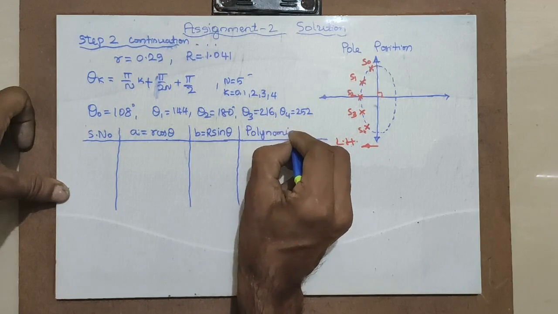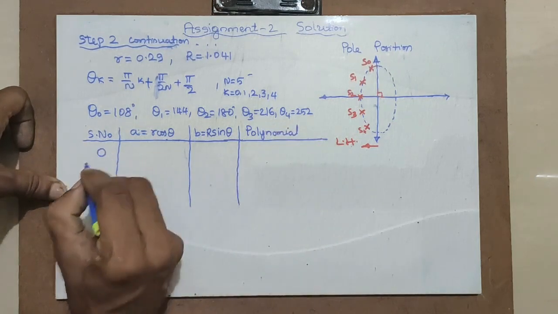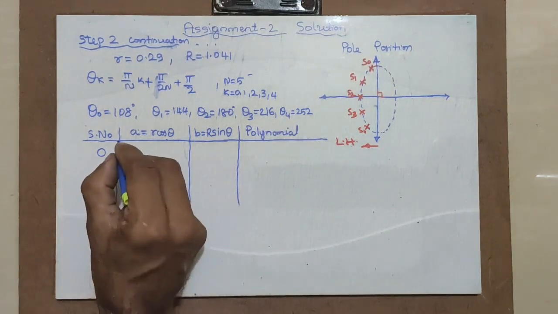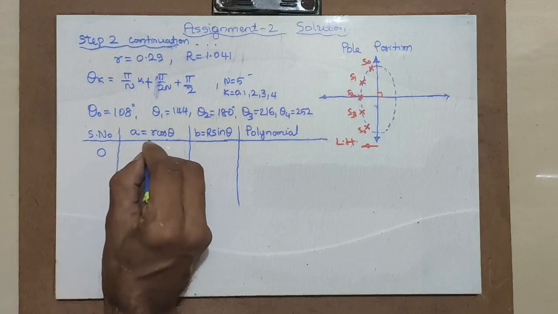Then here, the corresponding polynomial. Serial number 0. Now for serial number 0, I have to find the value of A. A is equal to r cos theta.